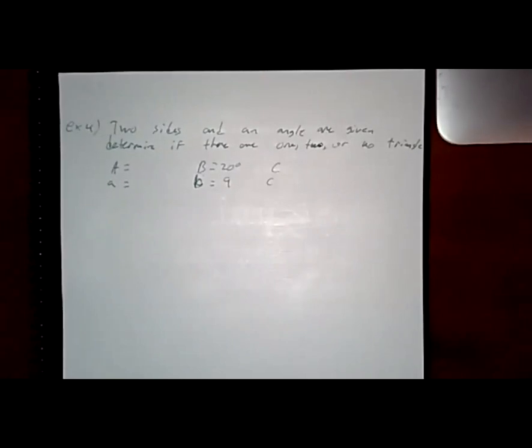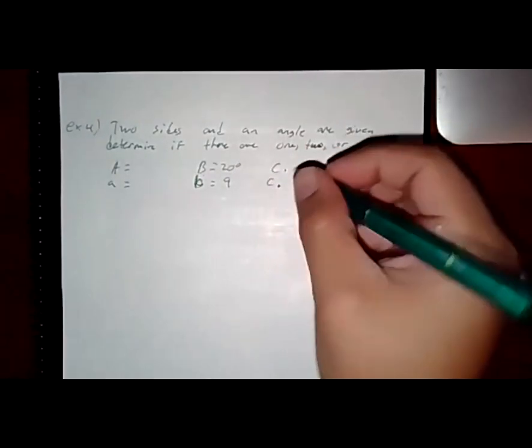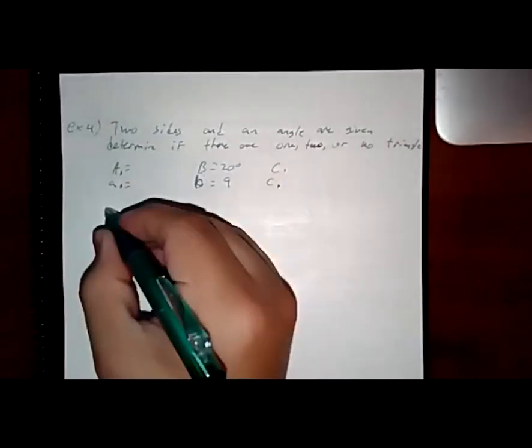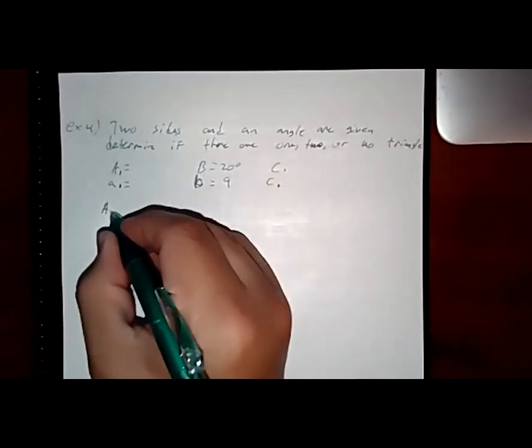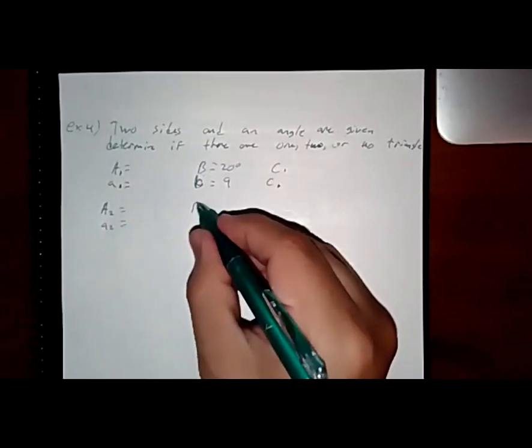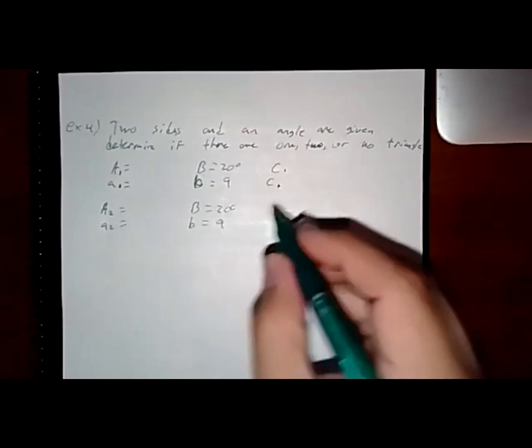So what we're going to do is find capital C like we did before. I'm going to call this C1 and A1 here. We're going to have two sets of answers for these angles, so just to be organized, since I'm telling you what's going to happen, here we go.